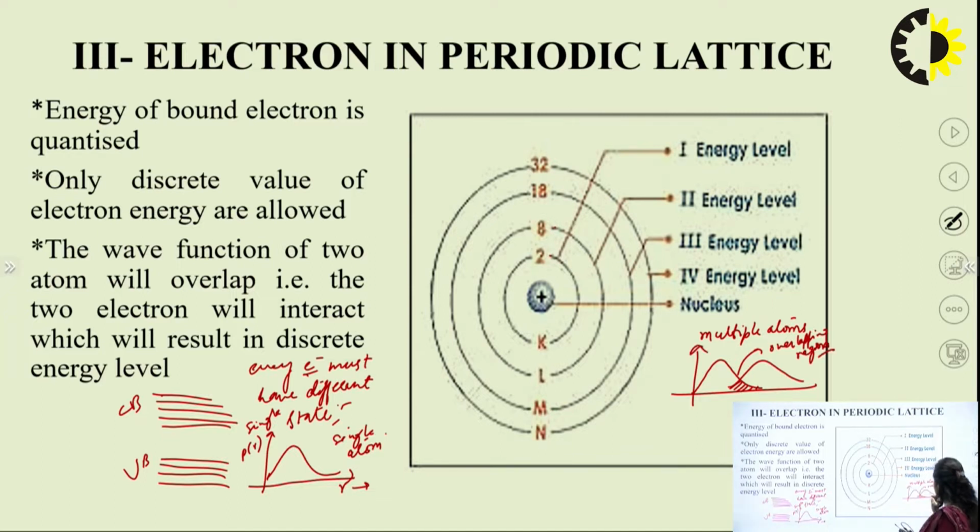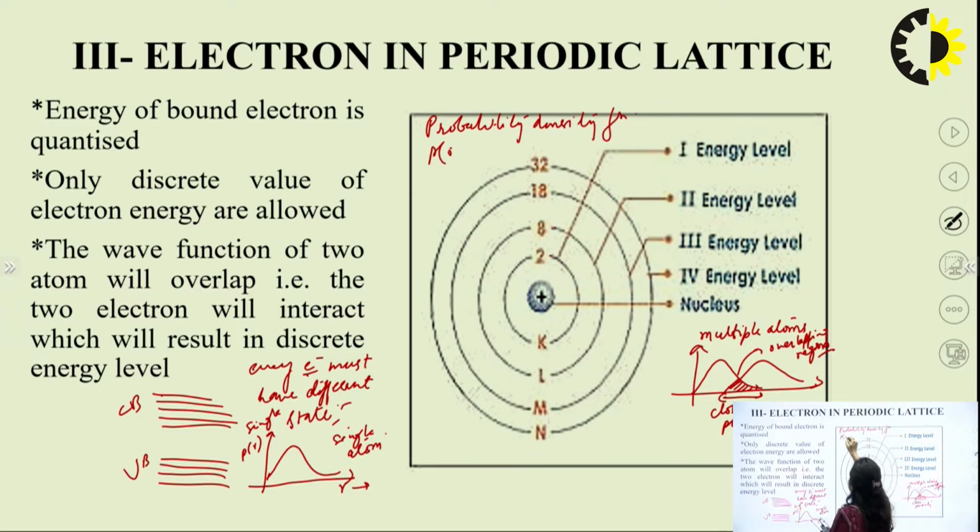As the atoms come closer to each other, in close proximity, there will be overlapping with the exponentially decaying function like this, of the probability of the electron existing in a particular state. This probability is called the probability density function, and it is represented by P of R.